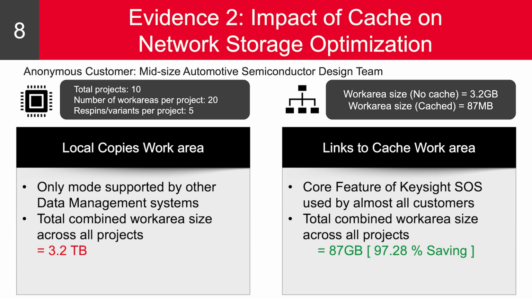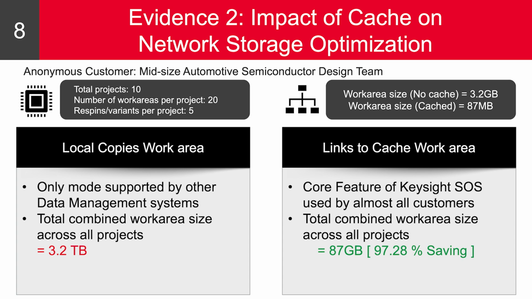And this is the work area size without any cache, so that would be the local copies, traditional type of work area, which is about 3.2 gigabytes in their case. And if they were cached, the work area size comes down to 87 megabytes, right? That's, again, an order of magnitude less.